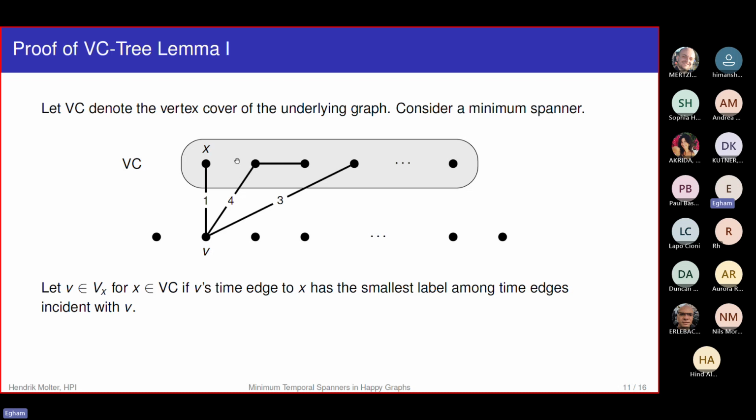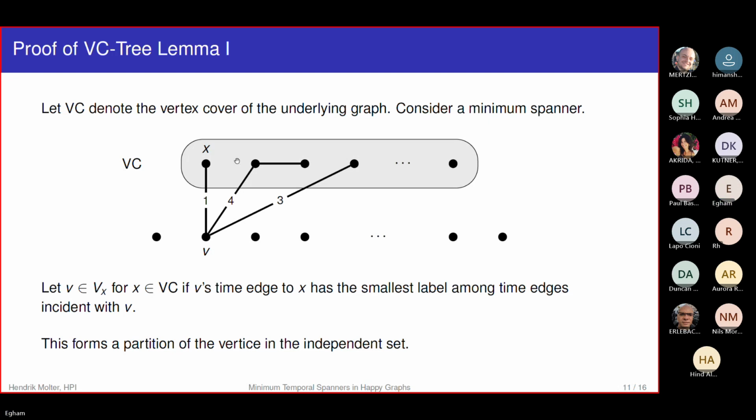And now if I look at this temporal out tree, then if it's rooted at some vertex v, there's one of the vertex cover vertices which is the earliest one that is reached, right? And now I associate that independent set vertex with this vertex of the vertex cover, right? And this gives me a partition of the independent set vertices.